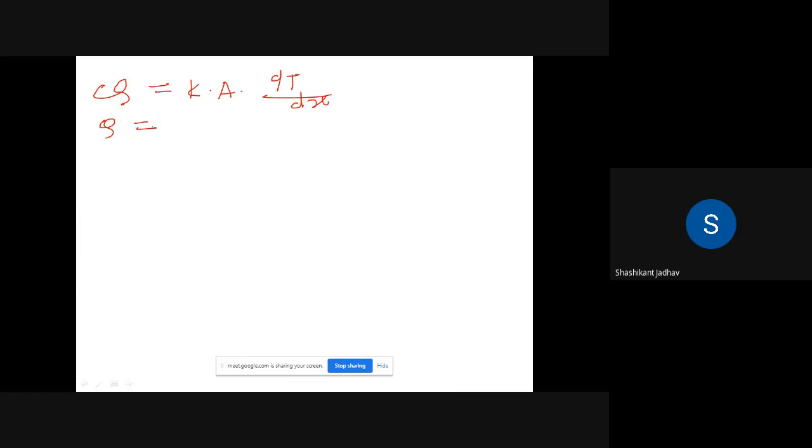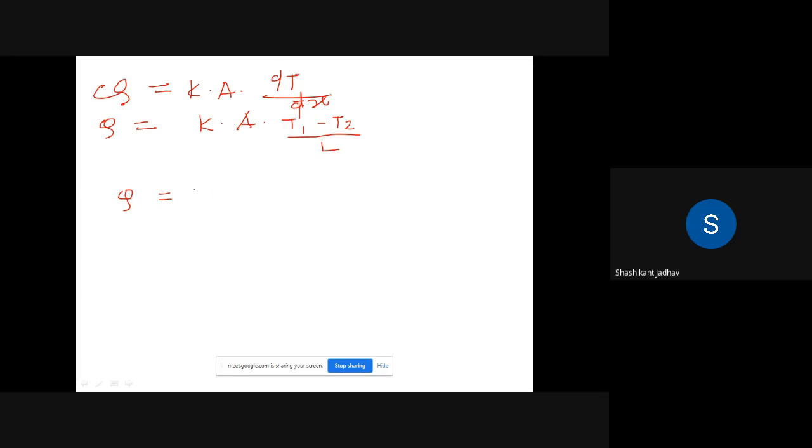Q is equal to K into A into dt by dx, which is nothing but T1 minus T2 divided by L.